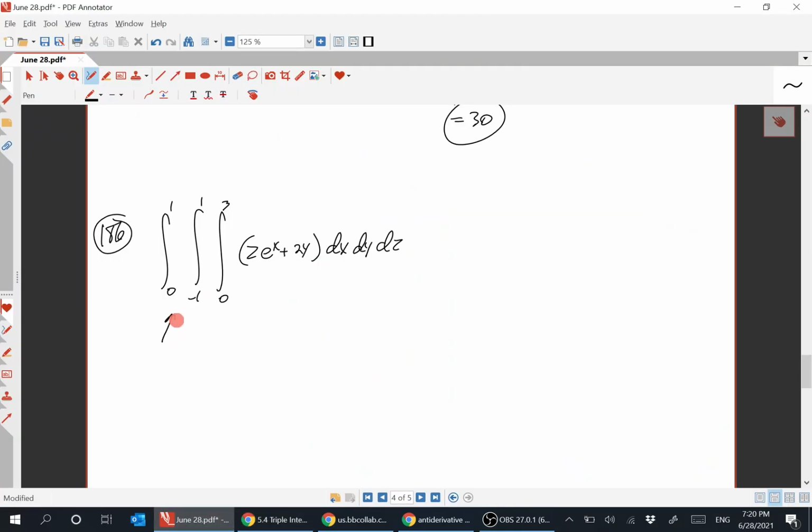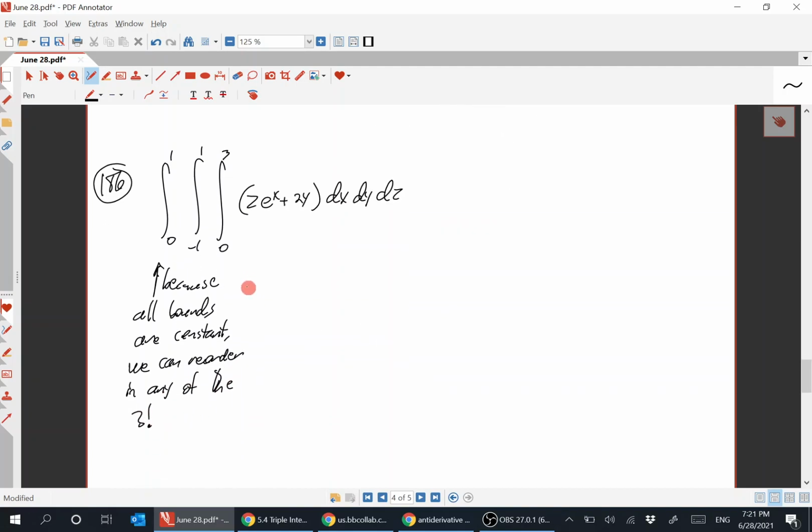Because all the bounds are constant, we can reorder the integral in any of the 3 factorial equal to 6 ways possible.